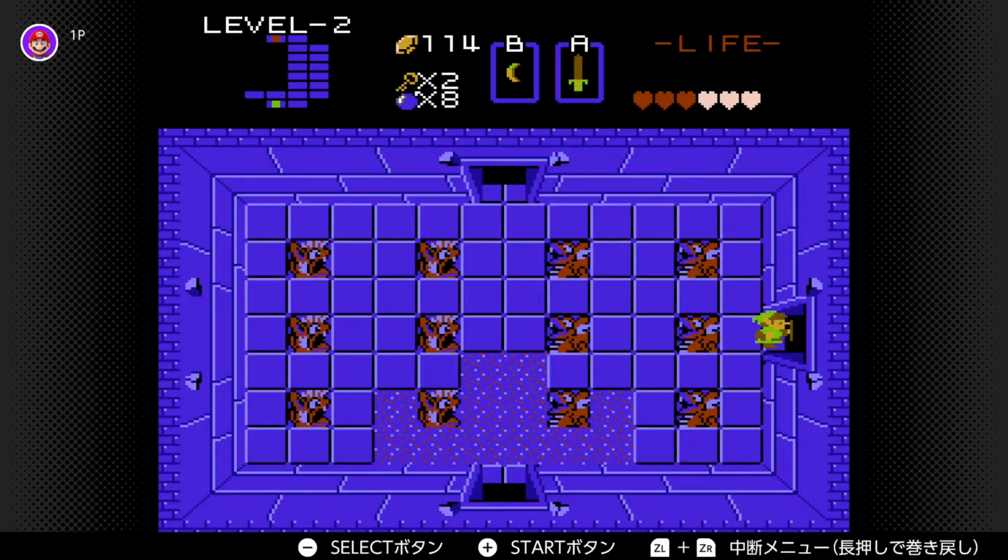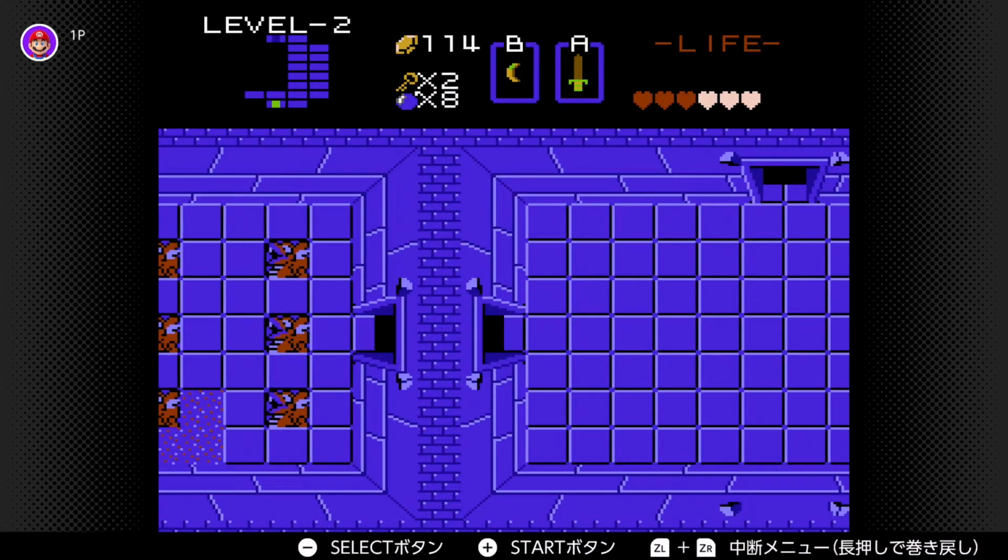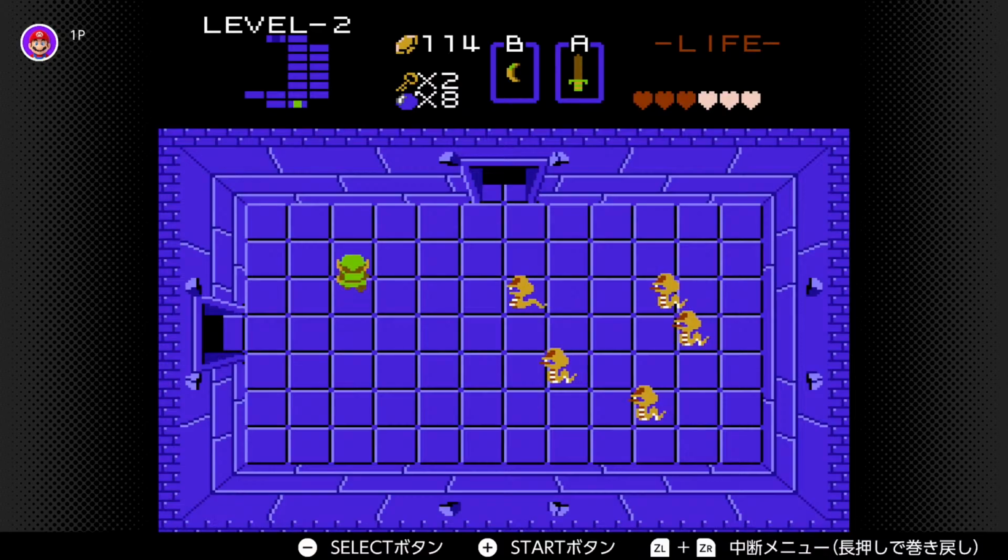Yeah, the good thing is that we'll definitely be able to afford the candle and also be on our way to get the shield. Both quite useful.